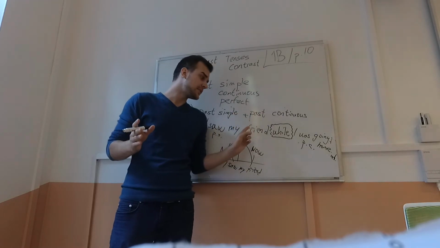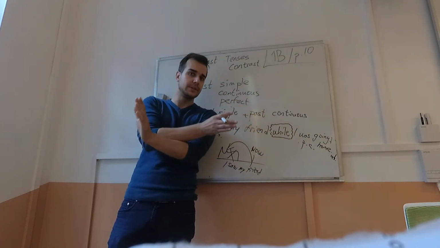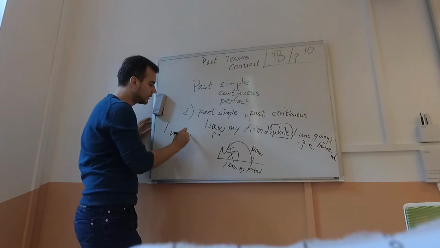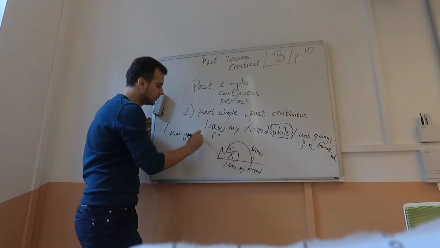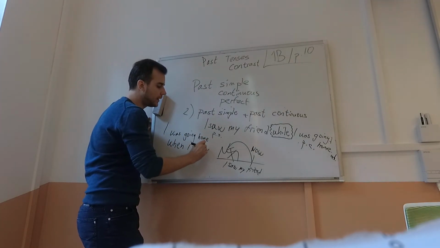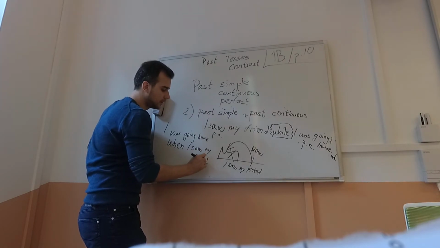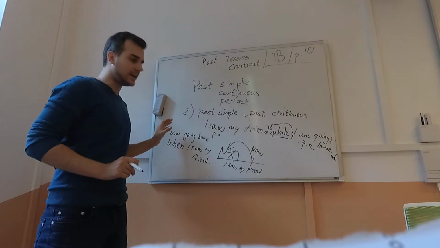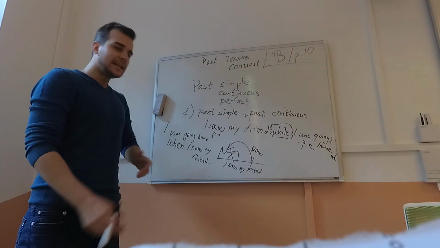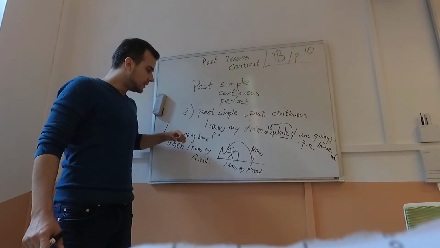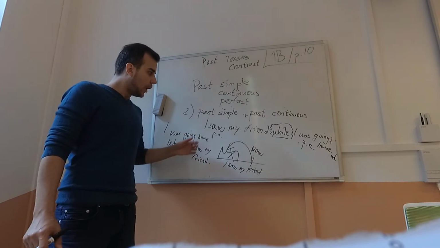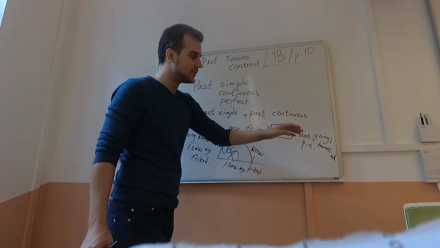Now, I can also say the same sentence, and I can switch it, and I can say, I was going home when I saw my friend. This sentence is exactly the same, but you should see that I used the order in a different way. It doesn't matter if you want to say the process first and then the one-time action that came into it, or if you want to tell me the one-time action and then the process.